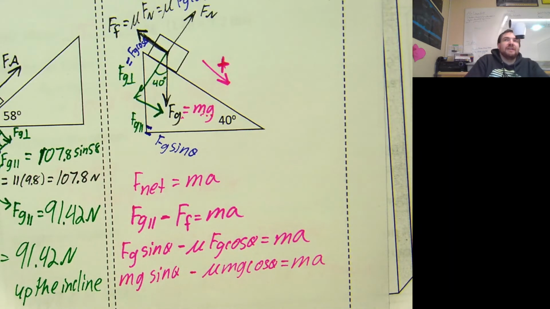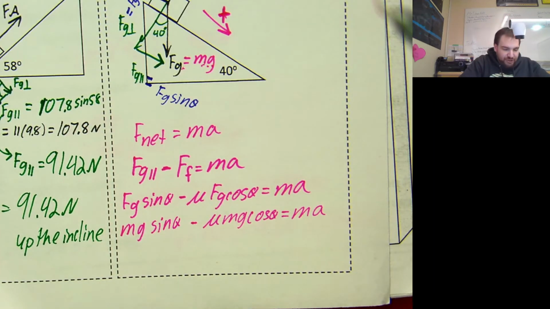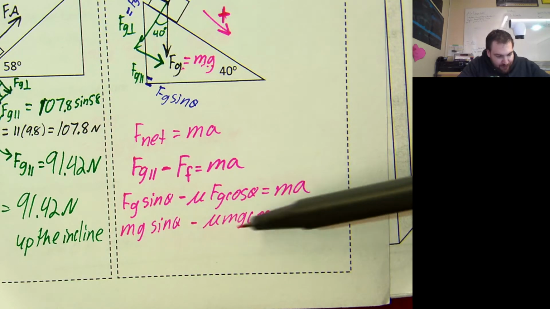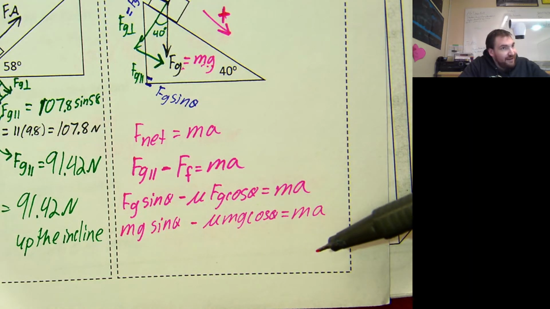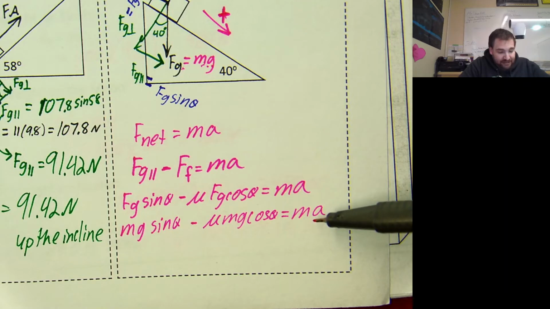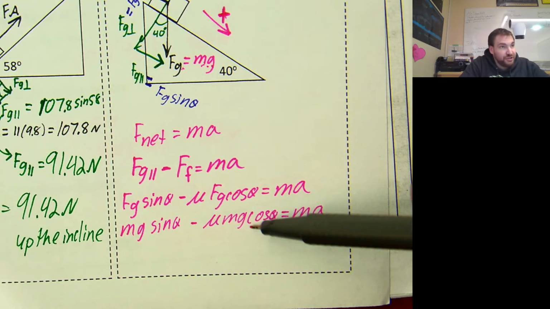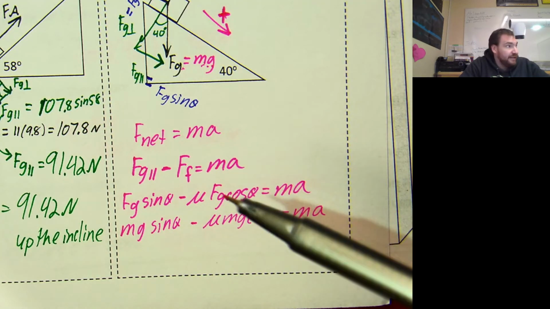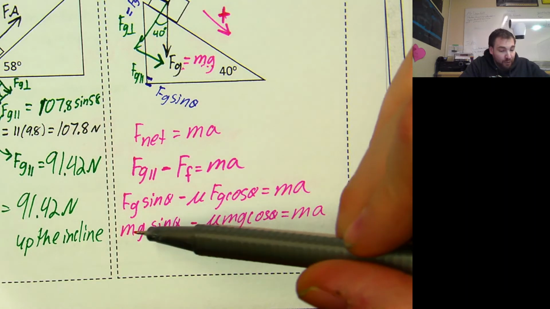This is interesting. I'm doing this because I want you to see one more time, what can I do with my masses here? You can cancel. I can. If I divide both sides by m, it's going to cancel the mass out of this side, and it's going to cancel the mass out of both of these two terms. The only reason I can do that is because my mass shows up in both terms.